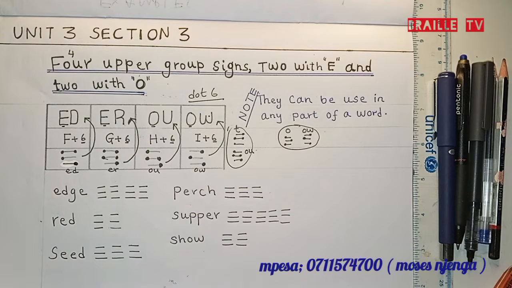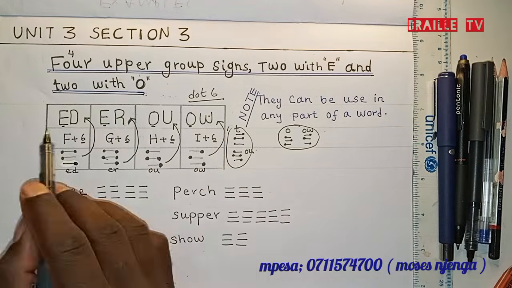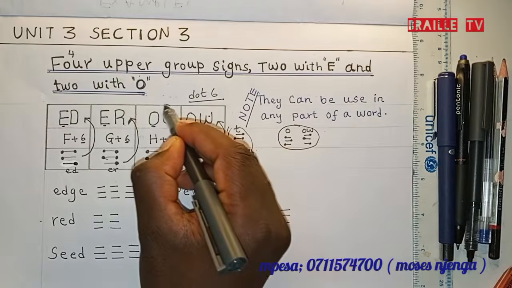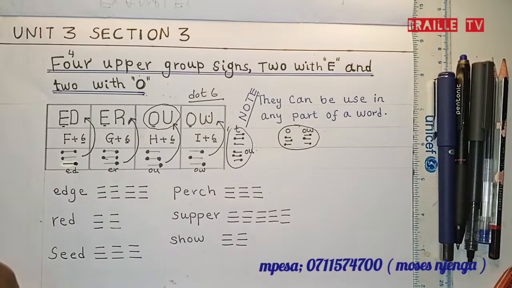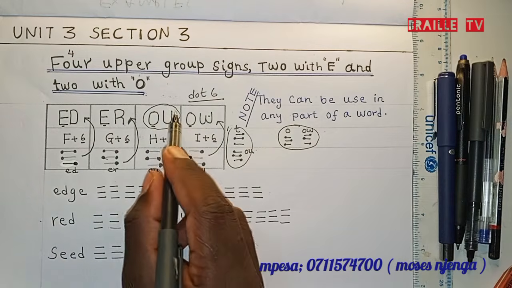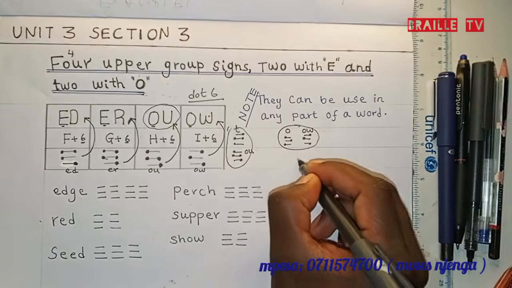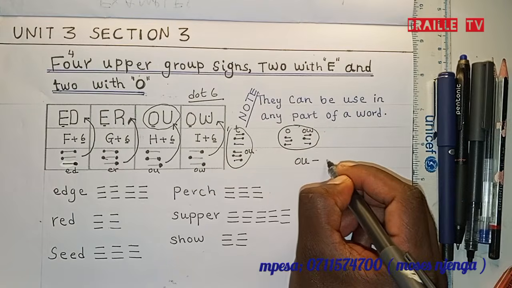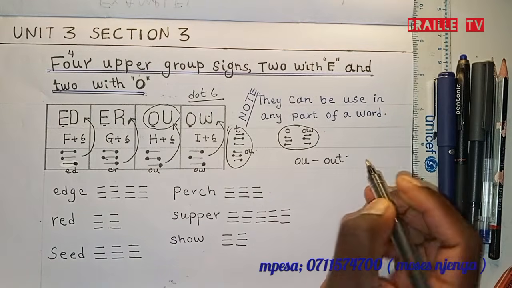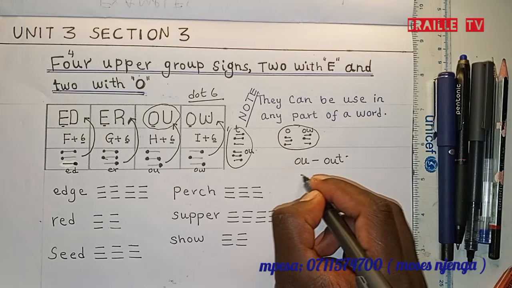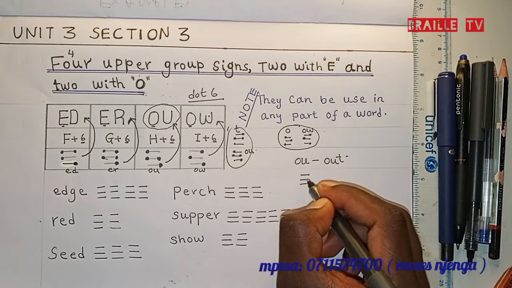Now, before I forget, of these group signs, it is only OU that is used as a word sign. That means this one can be used to represent a whole word. And OU is used to represent the word out. Okay? So whenever you get the word out in Braille, you just write H plus dot 6.